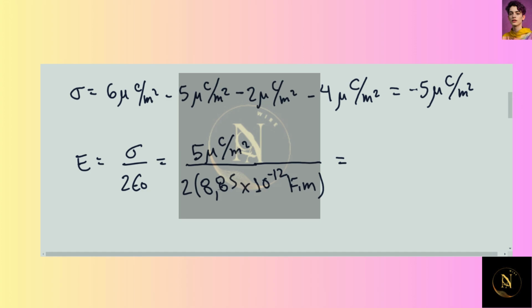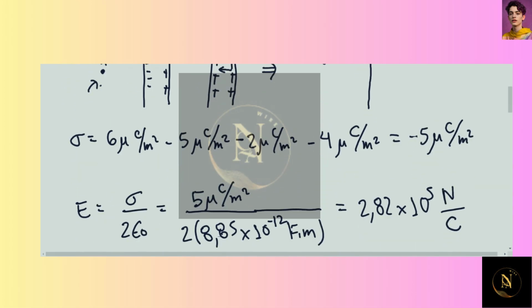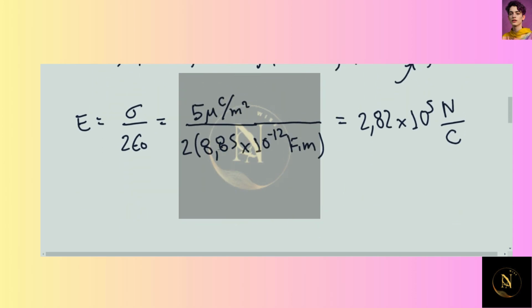So in this case, we will have that the magnitude of the electric field is 2.82 times 10 to the 5 newtons over coulomb. And we can see that from here we obtained that it is with direction to the left. So it is pointing to the left.